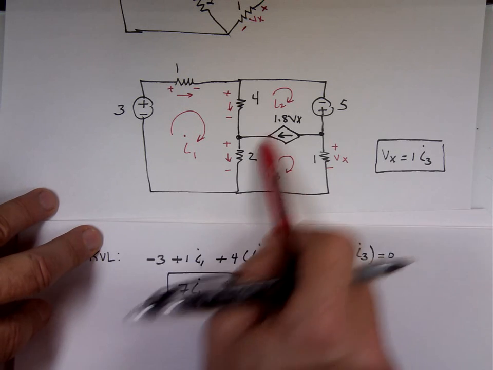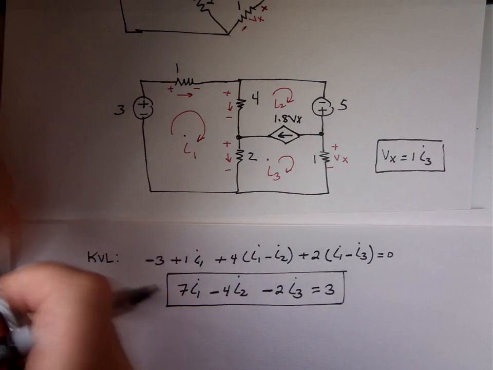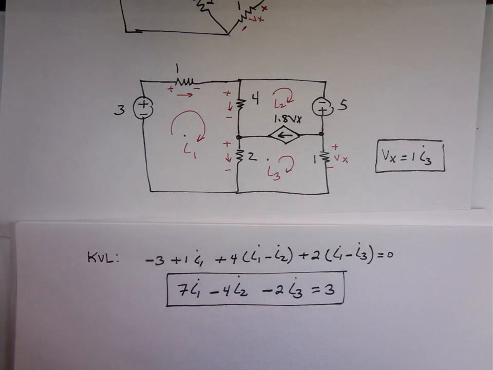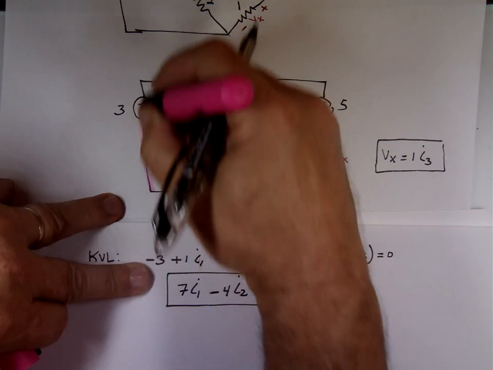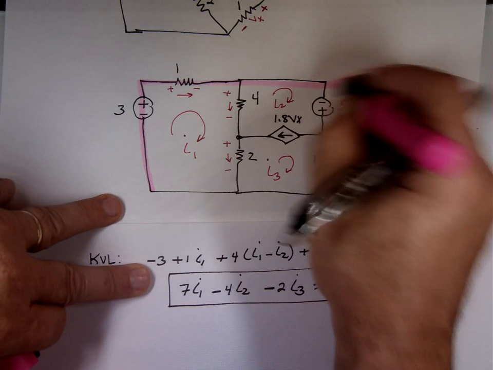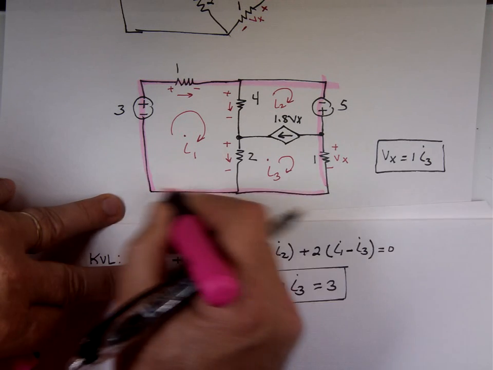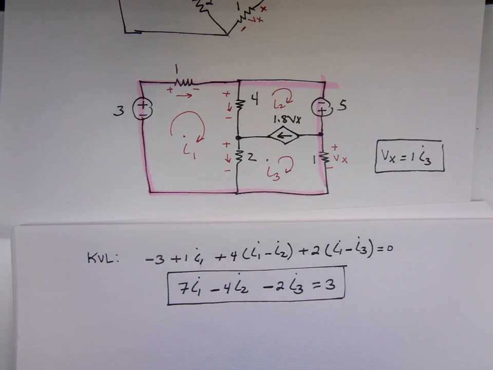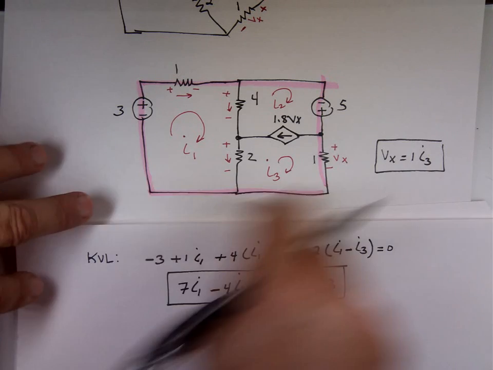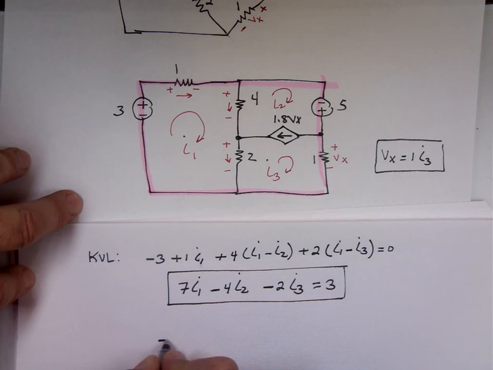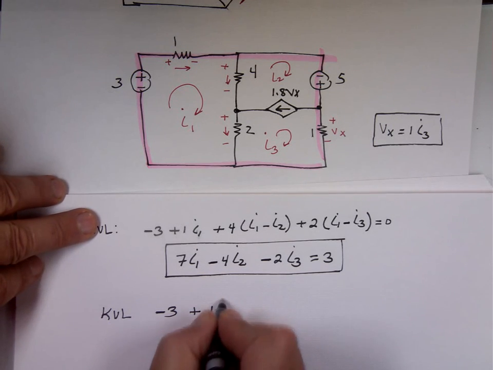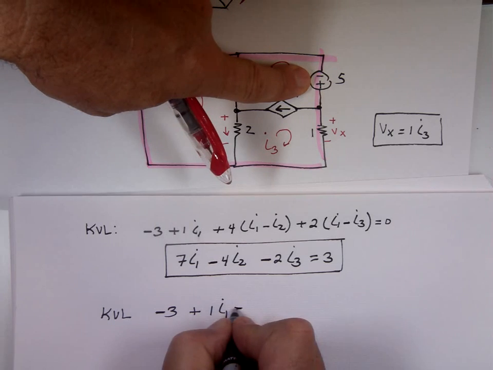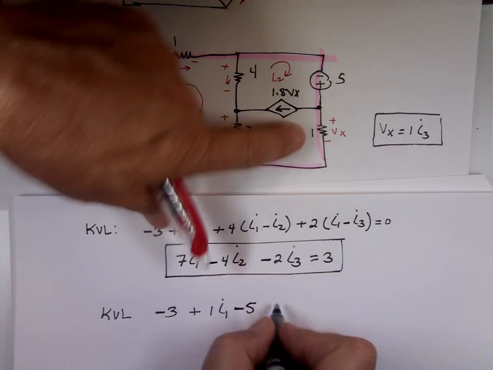I could go on the outside of that. I could go this way. So if I travel on the outside, I'm going to have what? -3, another KVL, plus 1 times I sub 1, continue. That's a -5. I'm going clockwise, so this will be what?